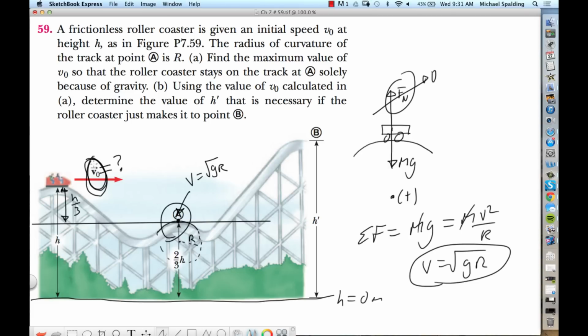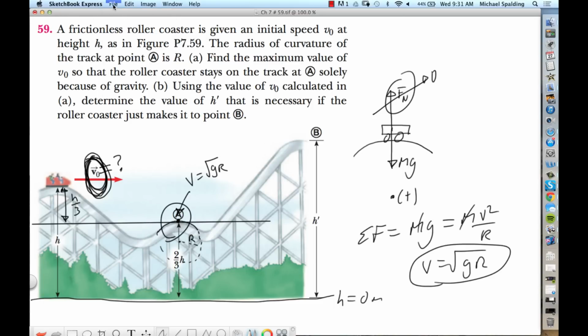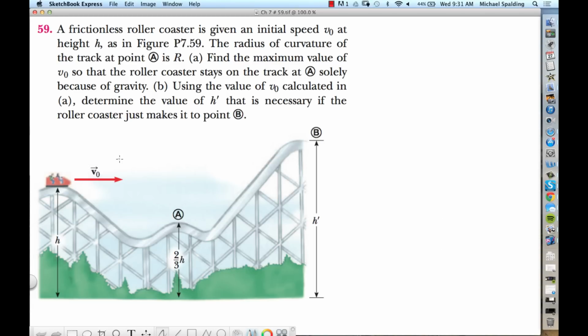Now, how do we find what this velocity is right here? Well, it's going to be conservation of energy. Okay, so we're looking for this velocity. We know that the velocity at point A is square root gr. Move the 0 point to right here.